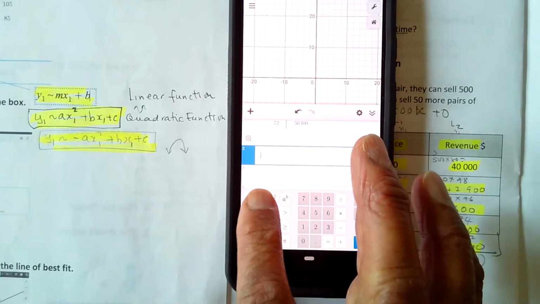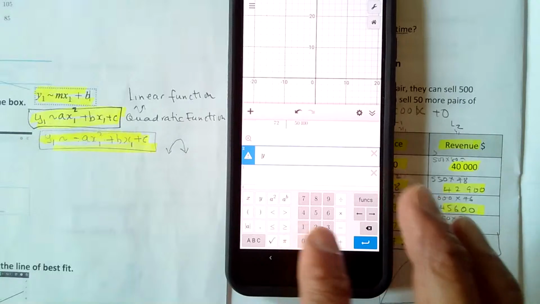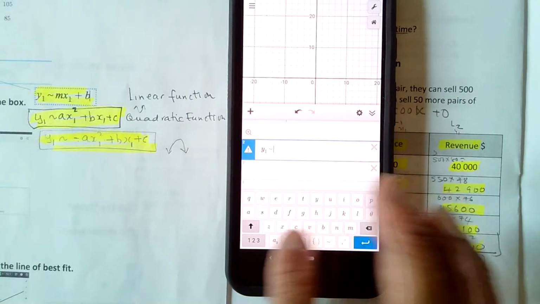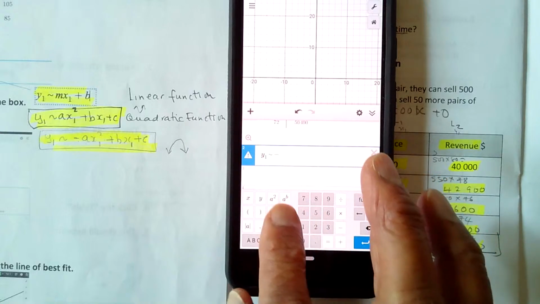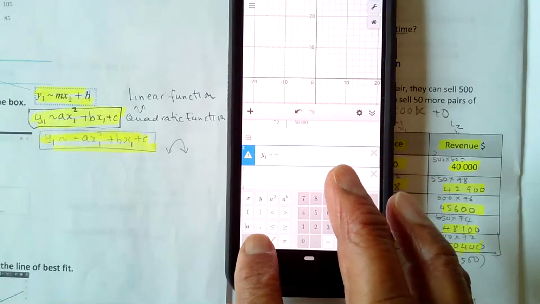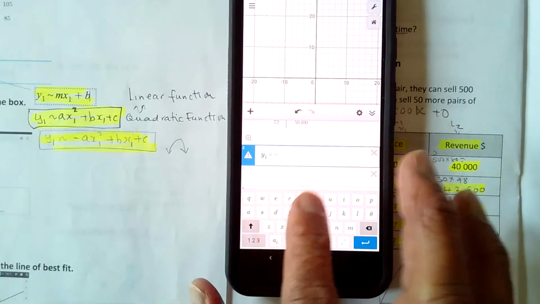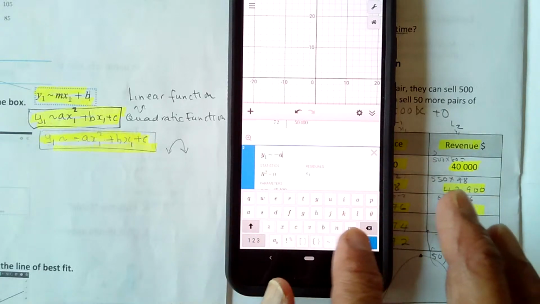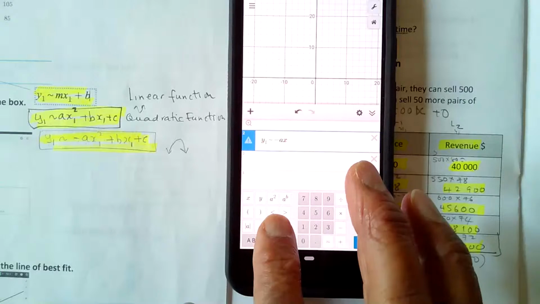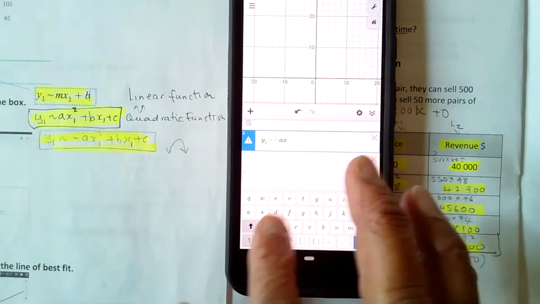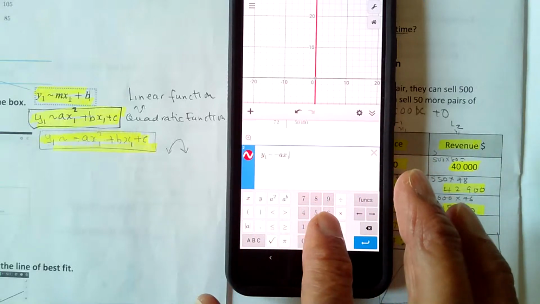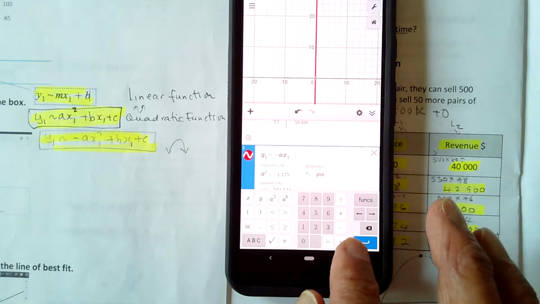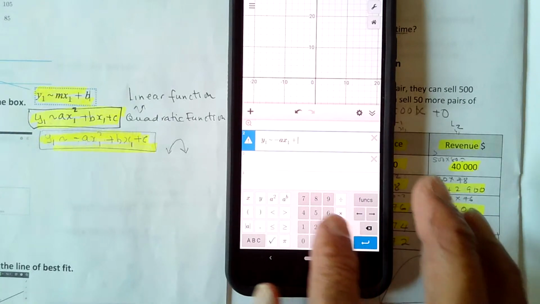I'll type in y1, and go to my tilde, and it's negative a x1 squared plus b x1 plus c.